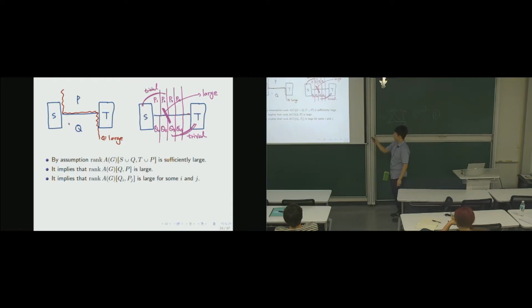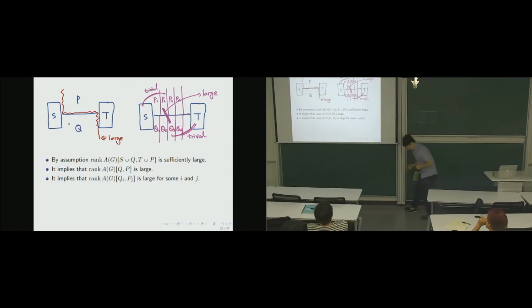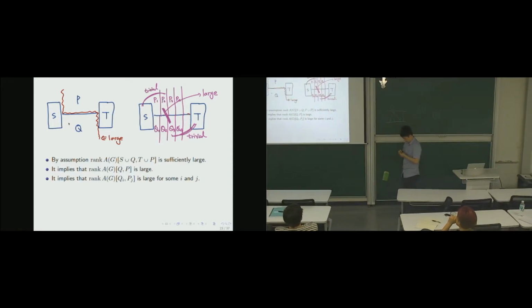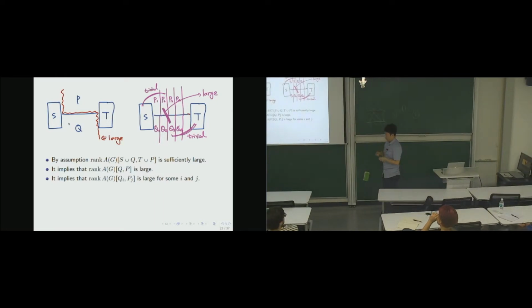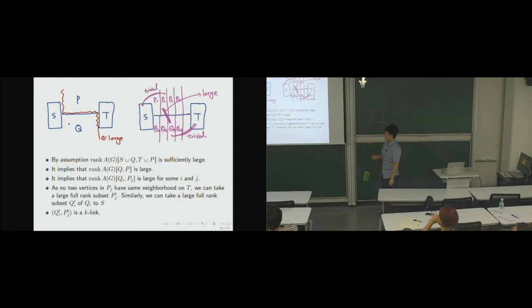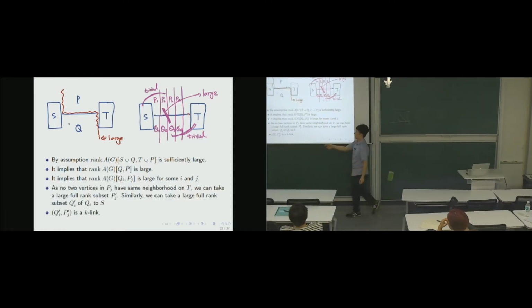The rank is not exactly the same as the size of P2, but you still have a large rank. So you can just choose basis elements of that and then basis elements of Qi, and then this becomes a K.